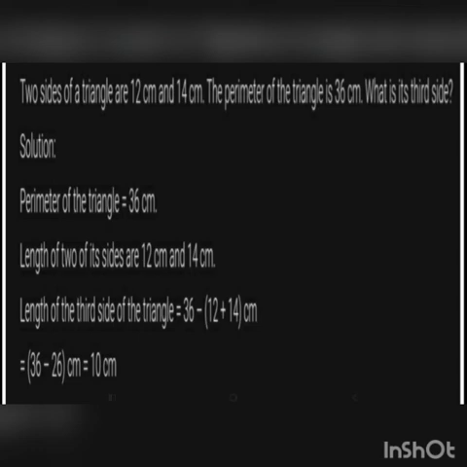From the perimeter we are subtracting the sum of these two sides. That is 36 minus 12 plus 14. First adding these two, 12 plus 14, you are getting 26. Now 36 minus 26 is 10 centimeter. So the length of the third side is 10 centimeter.